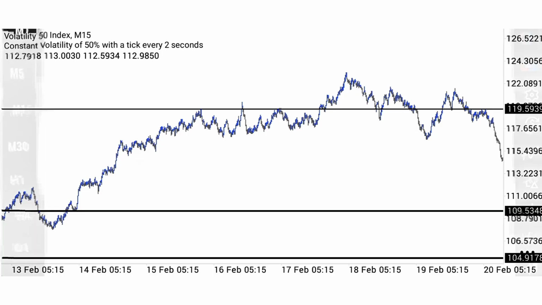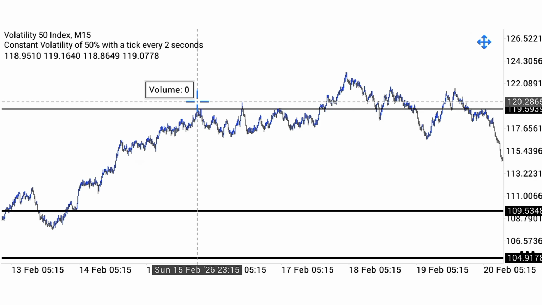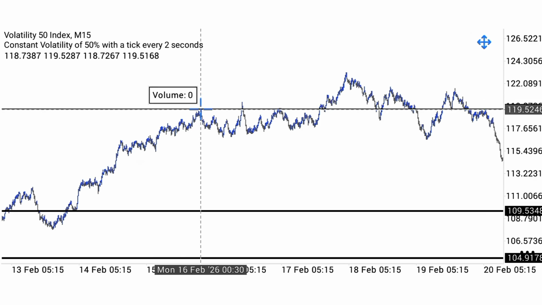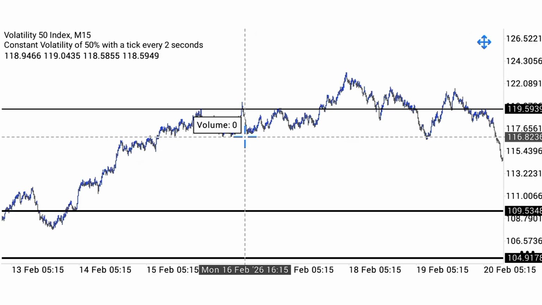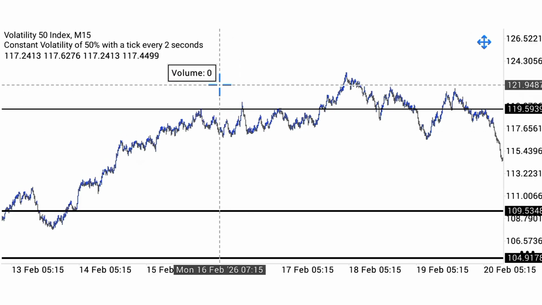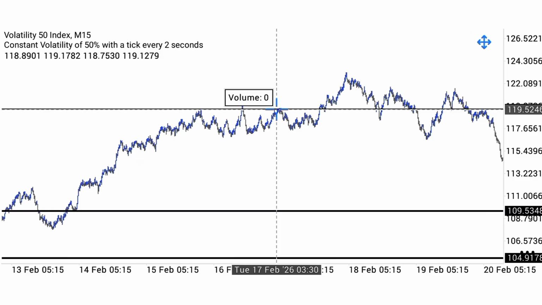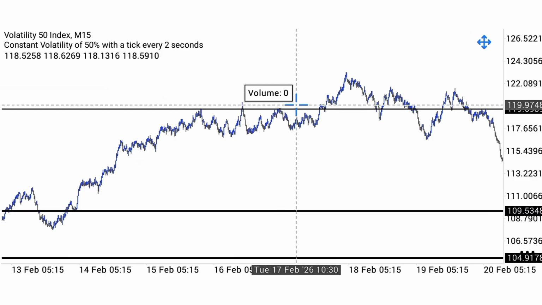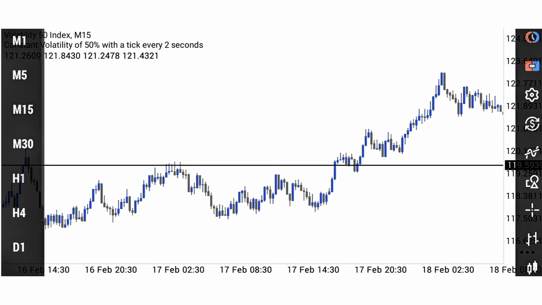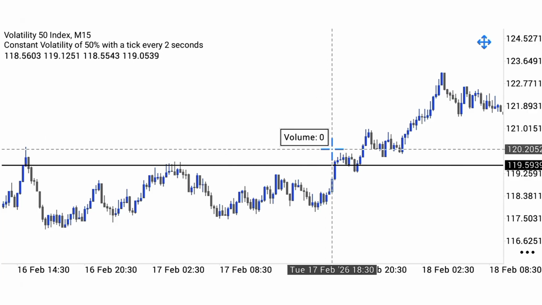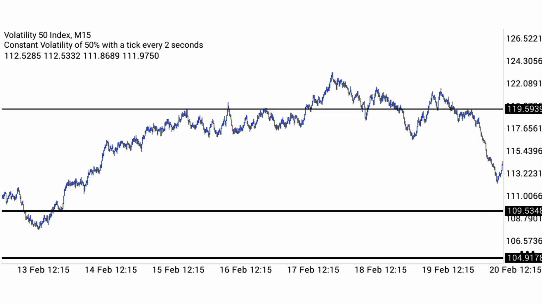Why did I draw it here? Because first of all, the market touched this point, and when the market touched this point, there was a strong reaction. There was a reaction at the first place, also at the second place, and this third one, there was a reaction. Now, when the market broke out of that point and did this little retracement here, there was also a strong reaction.